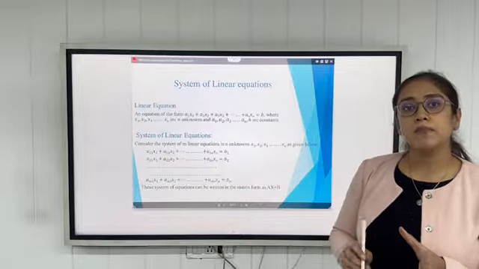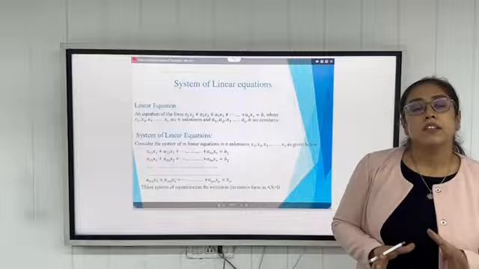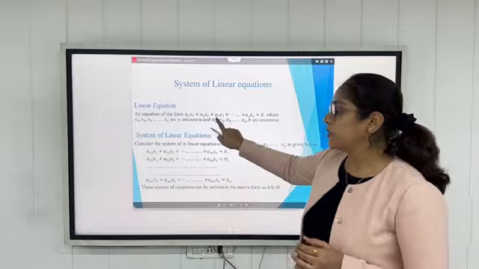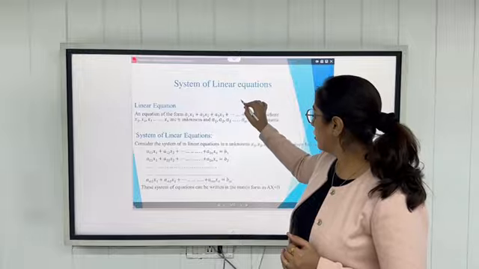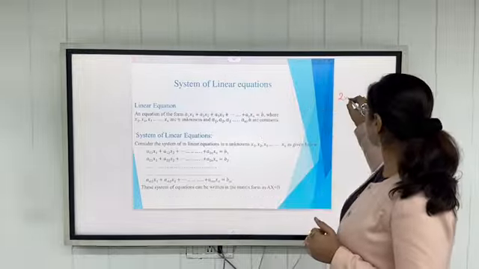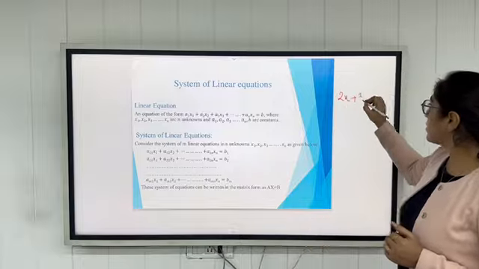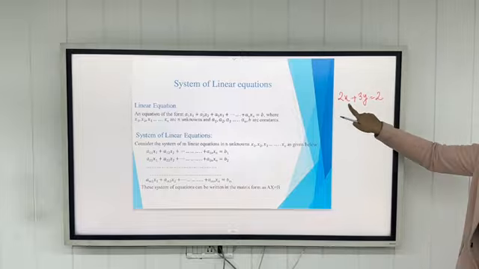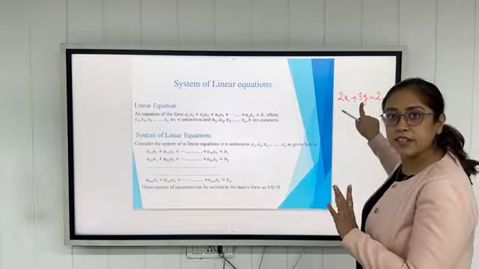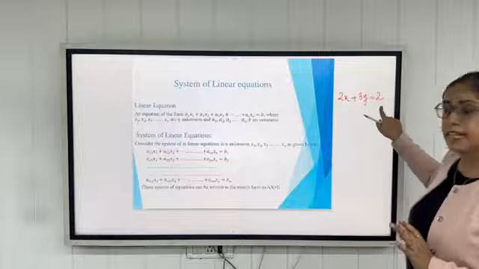As the term suggests, linear means the degree of the unknown variable should be 1. For example, if I write 2x plus 3y is equal to 2, here the unknown variables are x and y and the degree of x and y is 1, so it is a linear equation.